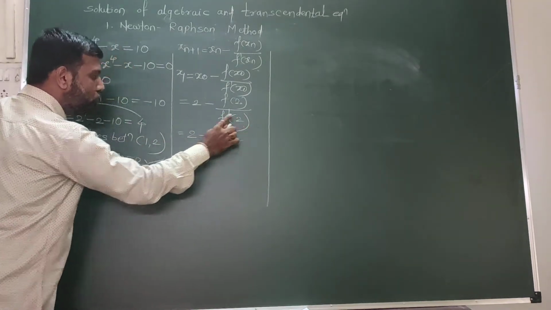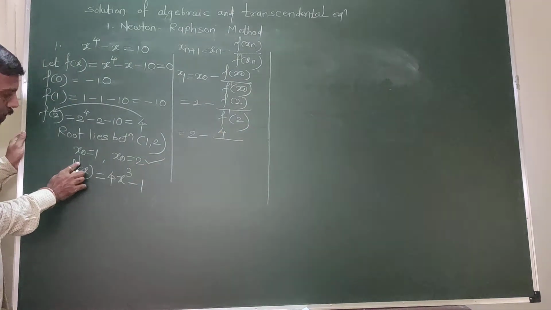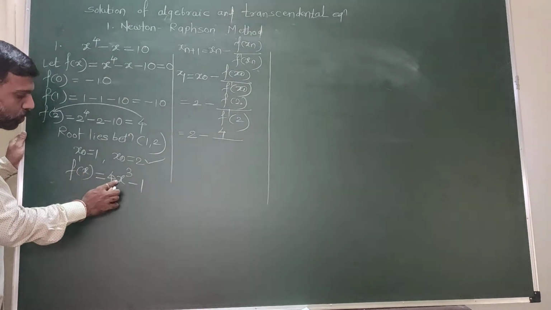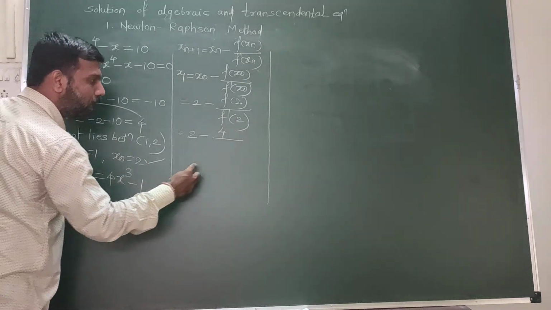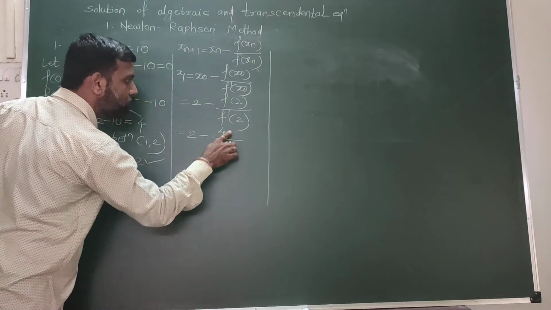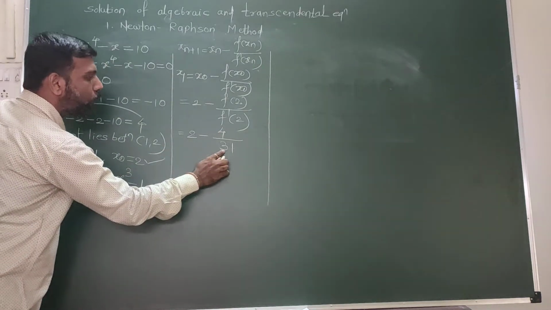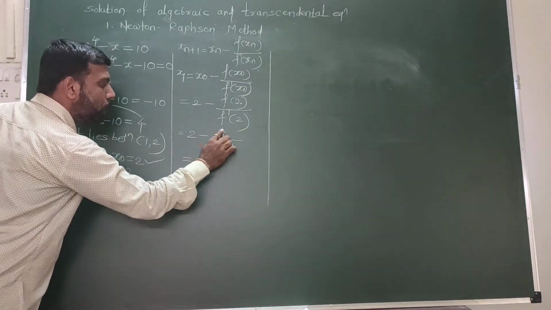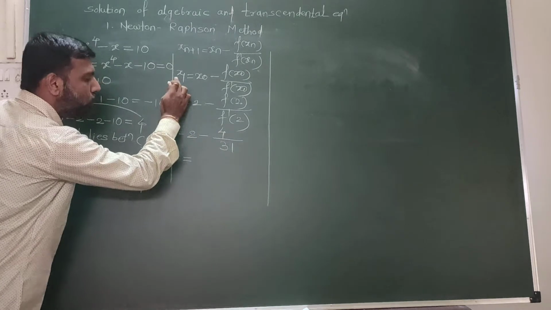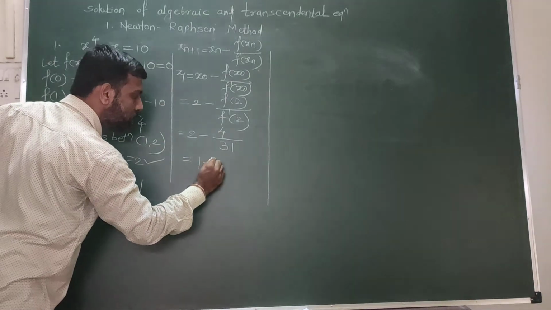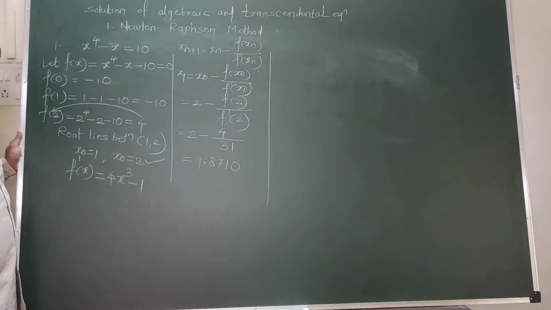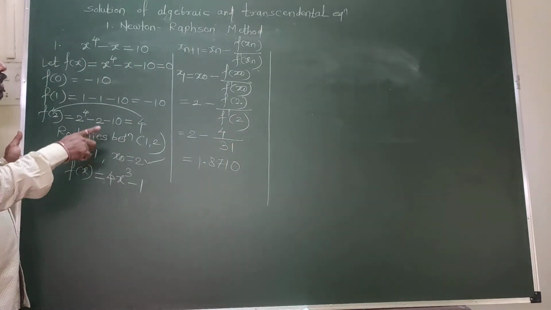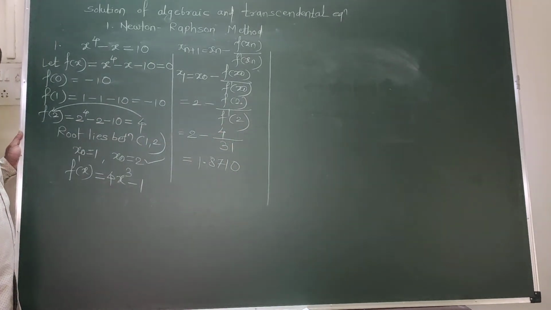For f dash of 2, substitute x equals 2, so 4 into 2 cube minus 1, and if we calculate that value, it is 31. By substituting here we got 31. Calculate this on the calculator, and the first approximation value is x1. Now we'll continue the same procedure for the second approximation.